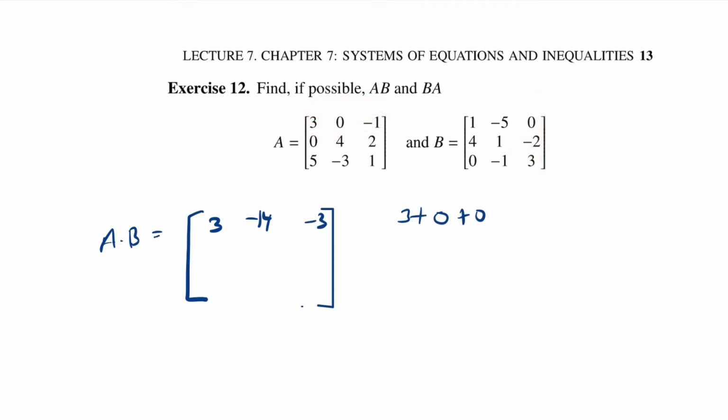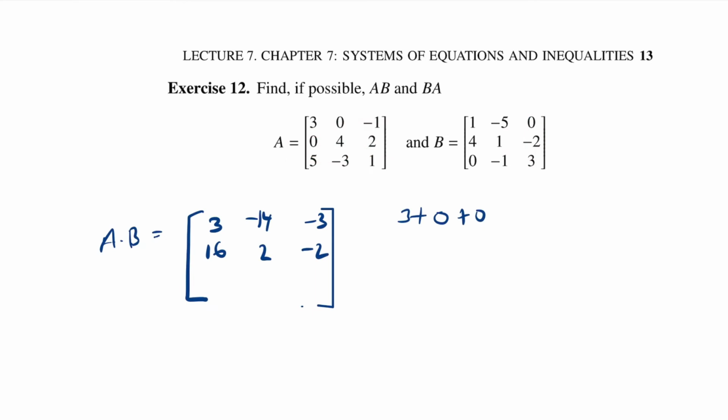Now we move to the second row, first column. That's going to be 0, 16, 0. Second row, second column. It's going to be 0, 4, minus 2 is 2. Next one, 0, negative 8, and 6 is negative 2.